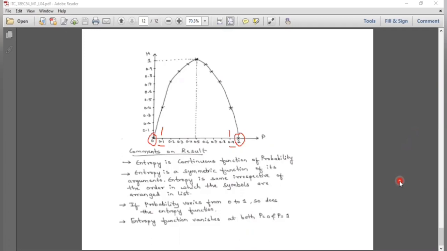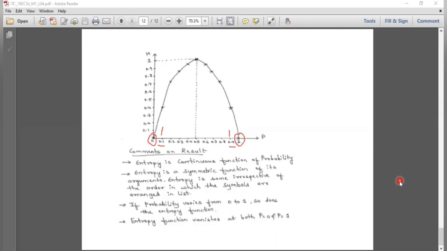So to summarize, in this lecture, we solved few numericals on entropy. We know that entropy is given by summation i equals 1 to m of p_i log of 1 by p_i. For a given problem statement, we need to find out the number of events, and then find out the probabilities of these events.